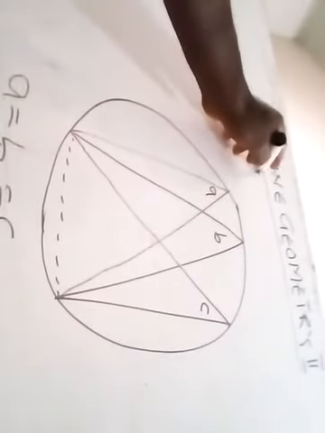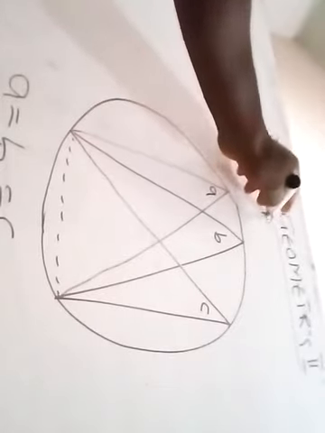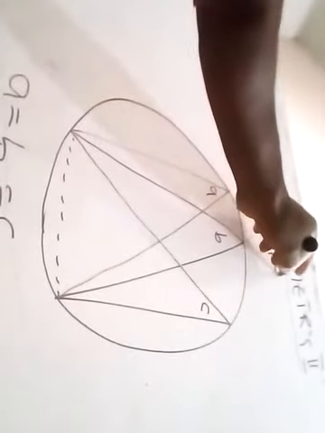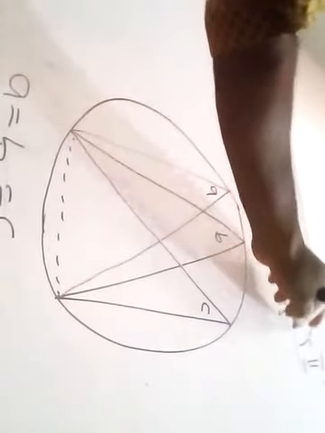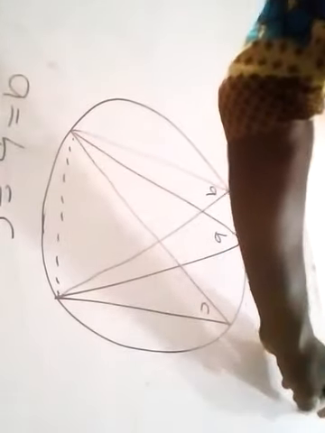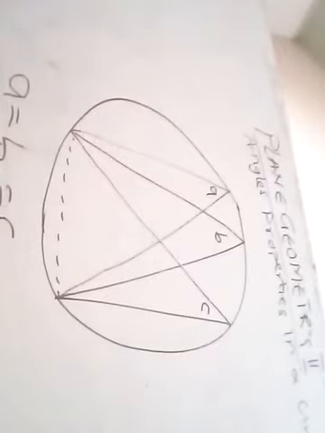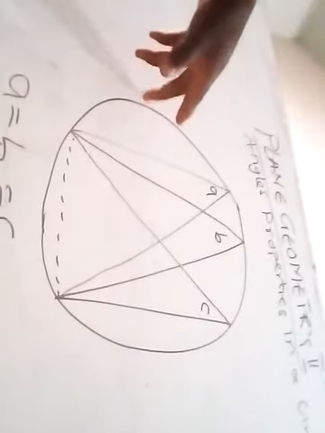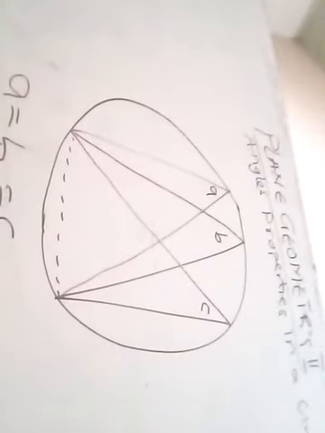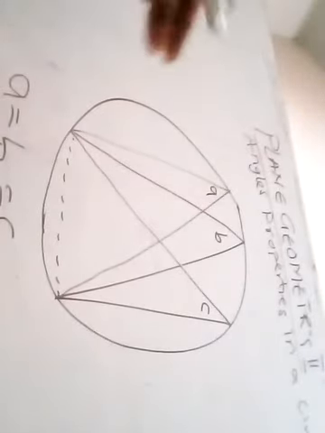Angle properties in a circle. Property 1, as is on the board: the angles a chord or arc subtends at the circumference in the same segment of a circle are equal.